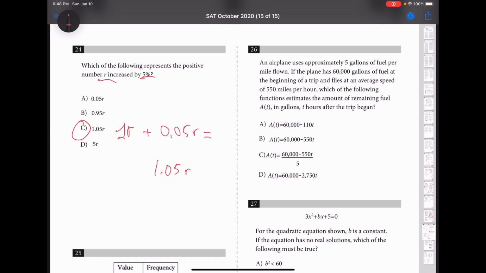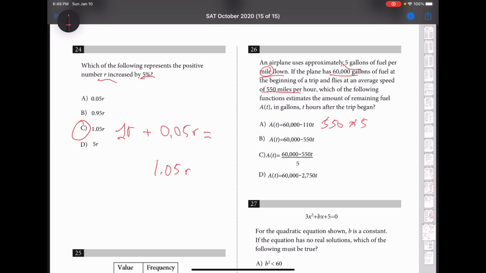To do this problem, let's first break it down: 5 gallons of fuel per mile flown, 60,000 gallons of fuel. If this plane is going at 550 miles per hour, let's figure out how many gallons of fuel it uses. At 550 miles, you multiply by 5 gallons for every mile flown.